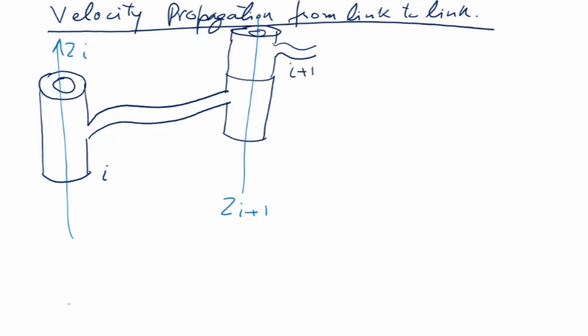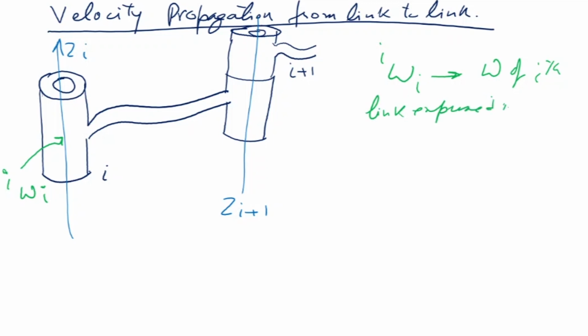Let's say there is an angular velocity acting here, this omega i. So what does omega i mean? The i means omega of the ith link expressed in the ith frame. This is the meaning of omega i. Similarly omega i plus 1 would mean the same thing.